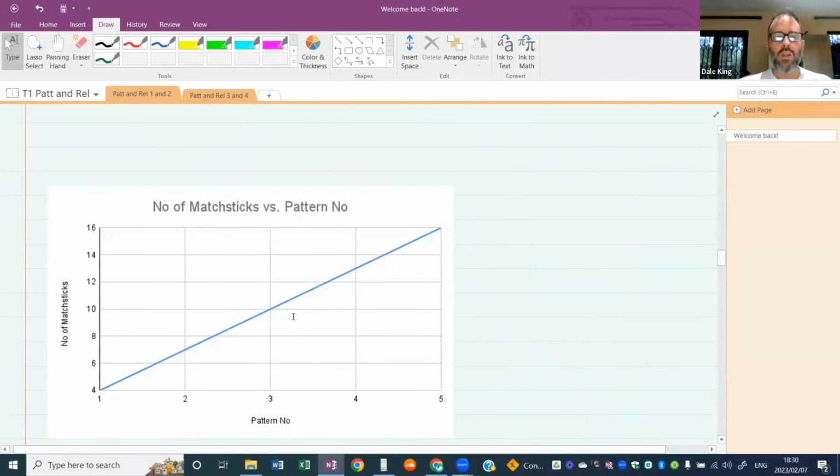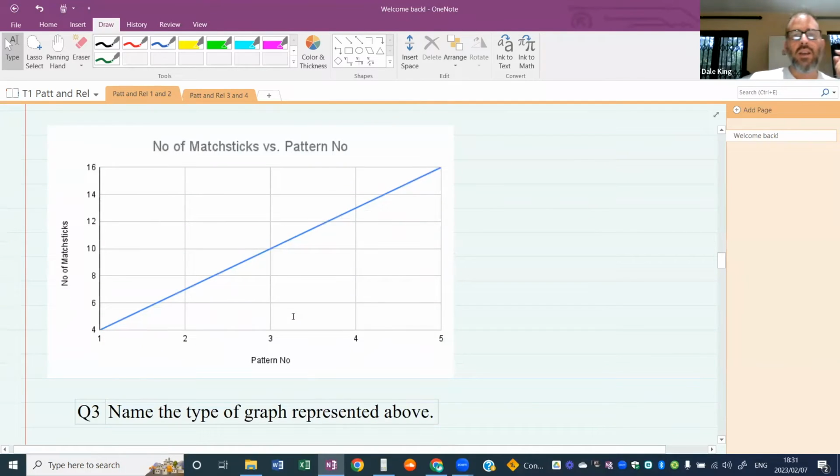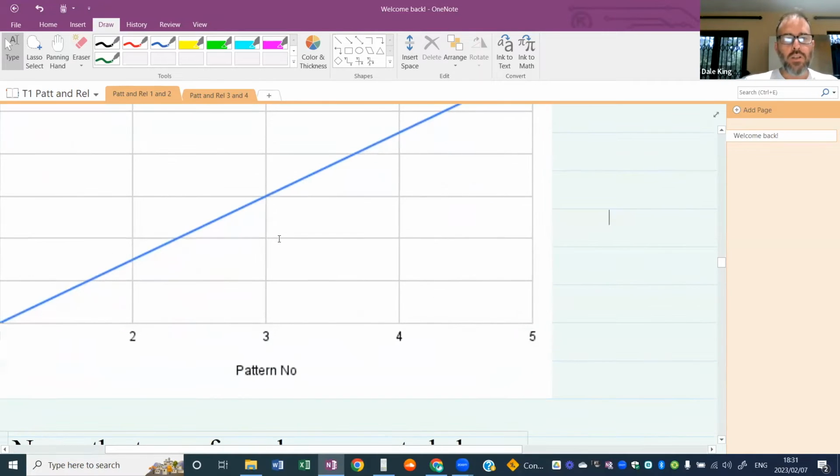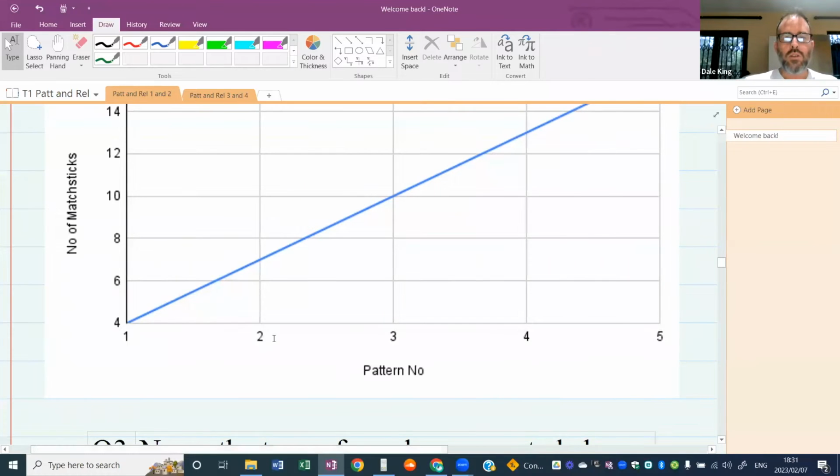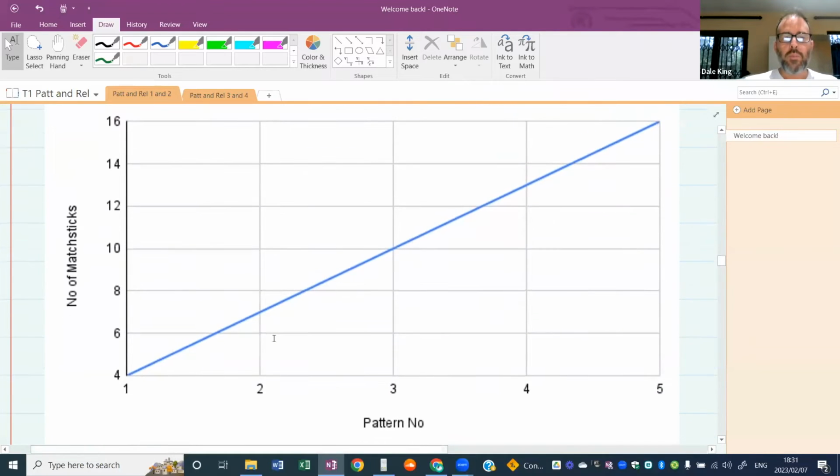But let's have a look here now, because we can actually plot this relationship. On my screen here, I have a graph which plots that table onto graph paper. For pattern number 1 down here, the number of matchsticks was 4. That's the first one we started with.